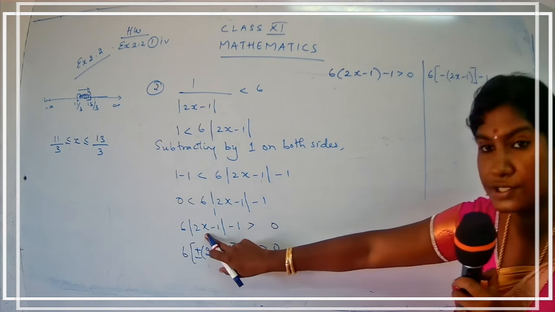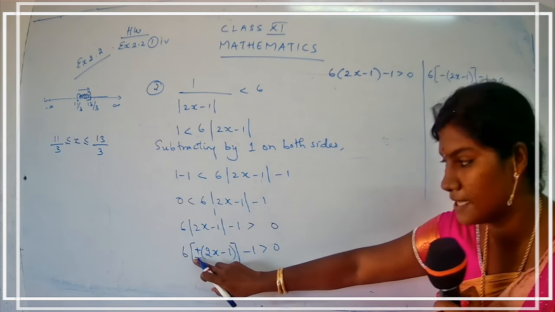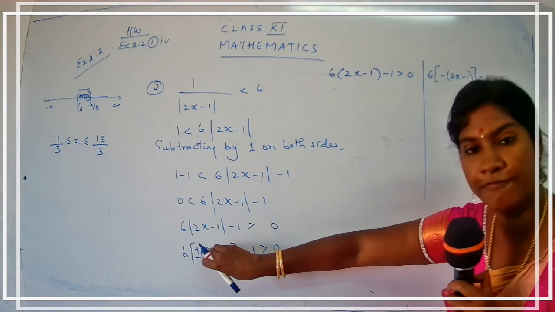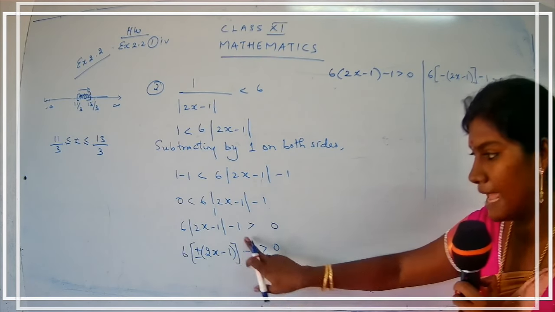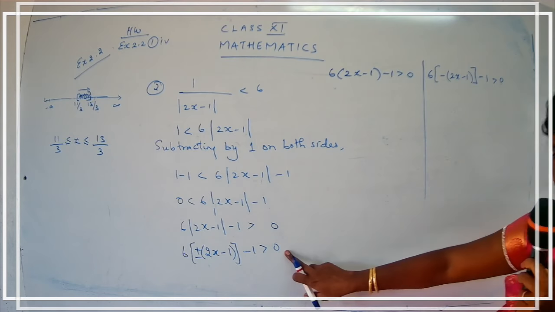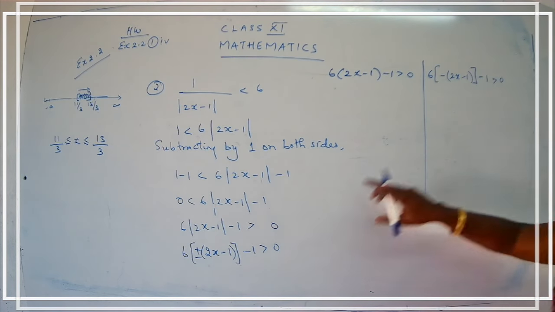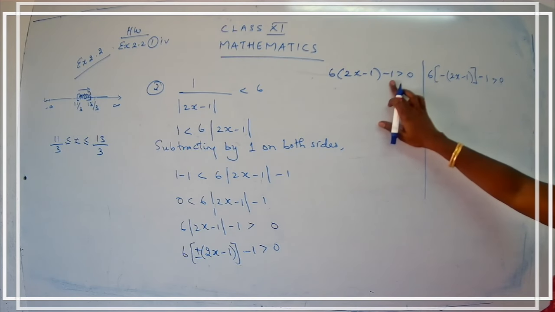So how are you going to change this? When you remove the absolute sign, you have to introduce plus or minus there. Try to write it in the form of a bracket to avoid confusion. I get 6 bracket plus or minus 2x minus 1, minus 1 greater than 0. For the first case, I am taking the positive sign alone: 6 times 2x minus 1, minus 1 greater than 0.